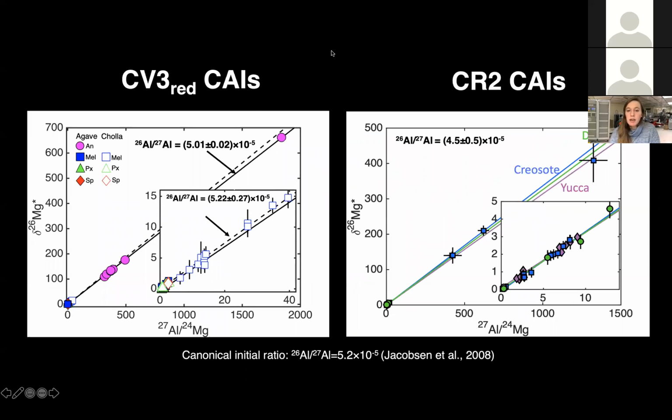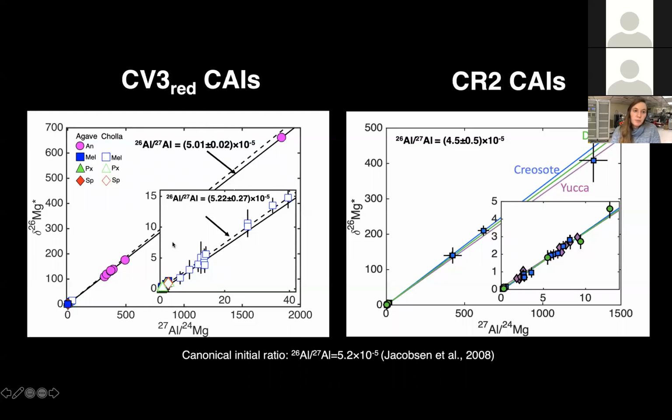Okay, and here are the aluminum-magnesium isotope analyses. We looked at the aluminum-magnesium ratio for 2 CV3 CAIs and 3 CR2 CAIs. Most CAIs have a 26-aluminum to 27-aluminum ratio of about 5.2 times 10 to the minus 5.